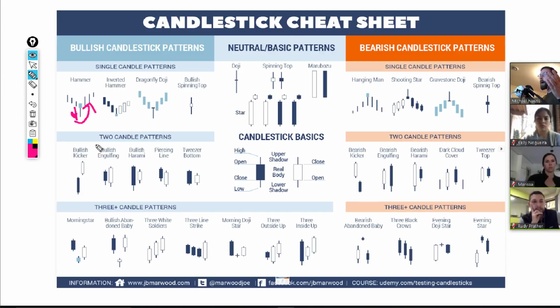Now, does this by itself mean the stock's going to crank up forever? Certainly not. This is one aspect of a whole trading strategy, which we'll go into, and you guys will build something that makes sense to you. But for me, what I like as a trader is to find out where other people's pain points are, which sounds mean, but it's basically how I like to do it.